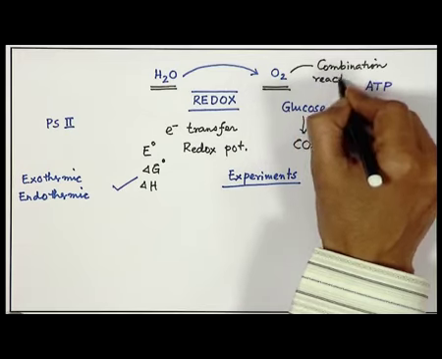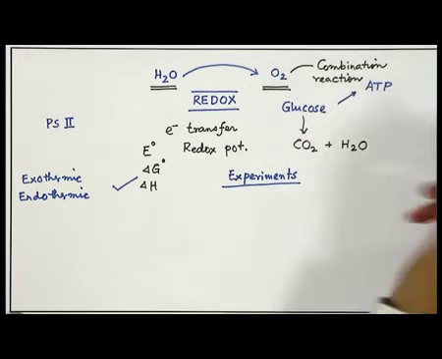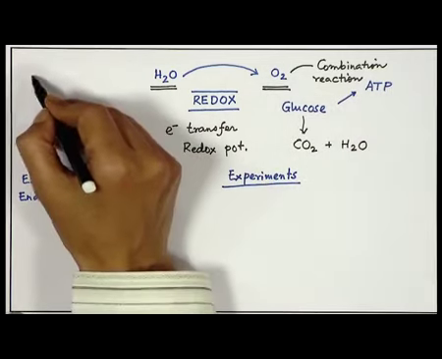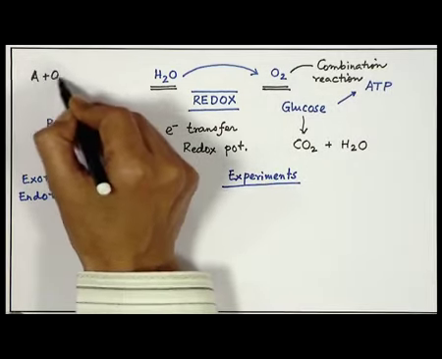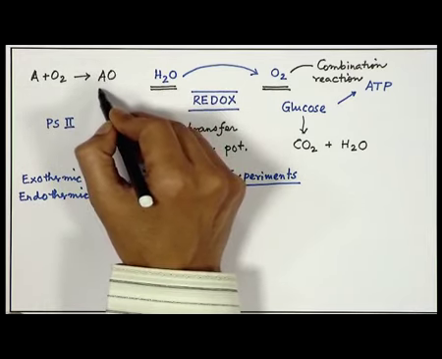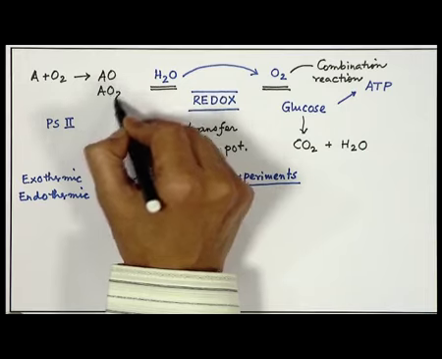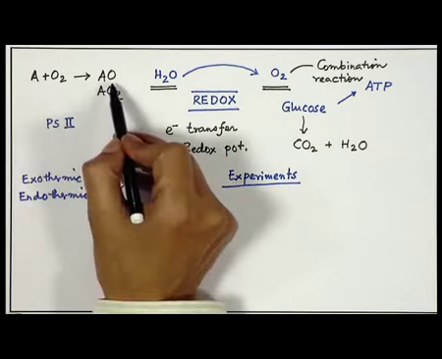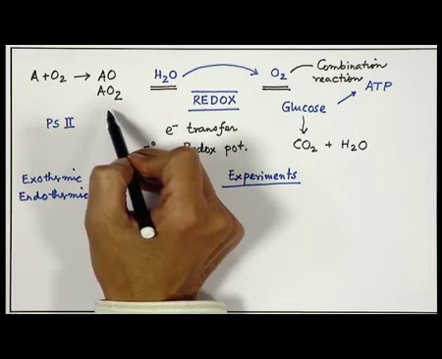Where we utilize this for attaching this O2 to some other species, such as A is attaching with O2 forming in some cases AO or AO2, such as if A is carbon C, then we can have carbon monoxide and carbon dioxide formation.